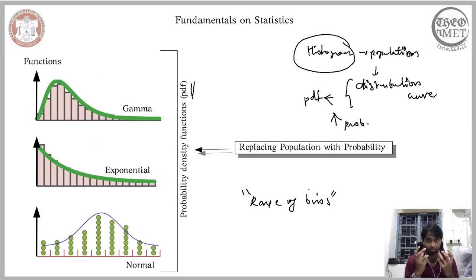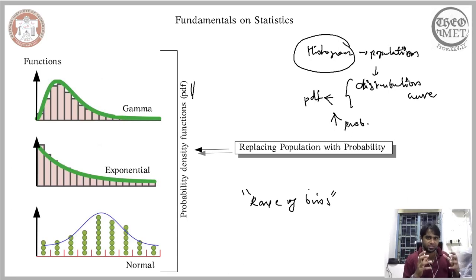So that is one key advantage, and that advantage is possible only when we are able to translate the distribution curves to the distribution functions. And this translation is possible when we are able to estimate the probability and replace the population with the probabilities, and that will ultimately lead us to the probability density functions.